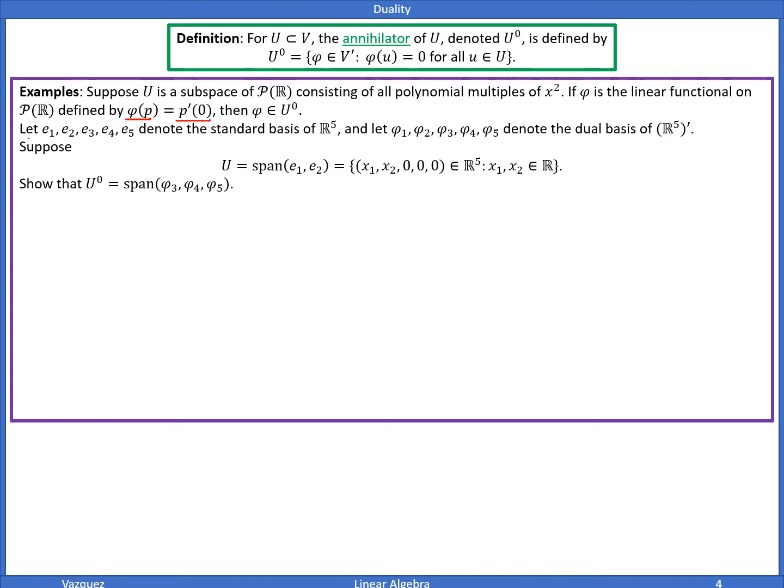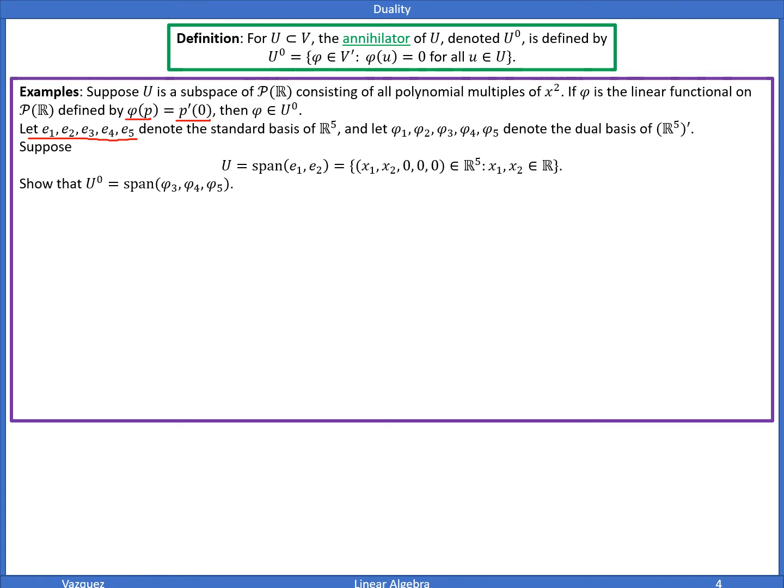Well, first of all, let e1 to e5 denote the standard basis of R5. So you already know what those vectors are. For example, e1 is 1, 0, 0, 0, 0. e2 is 0, 1, 0, 0, 0, and so on and so forth. Phi1 to phi5 denotes the dual basis of the dual space of R5.